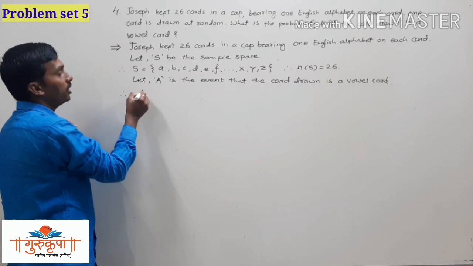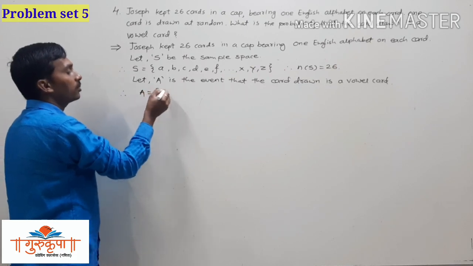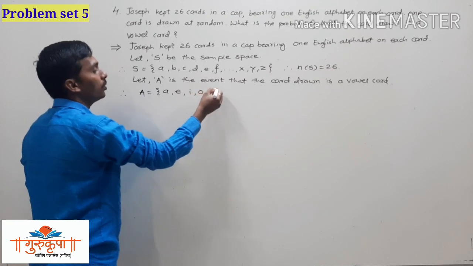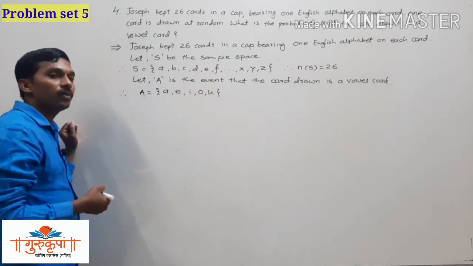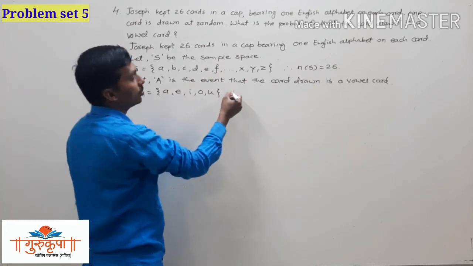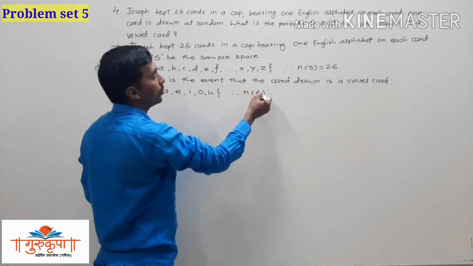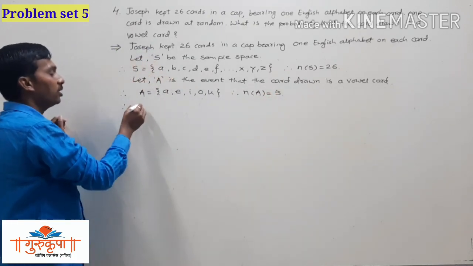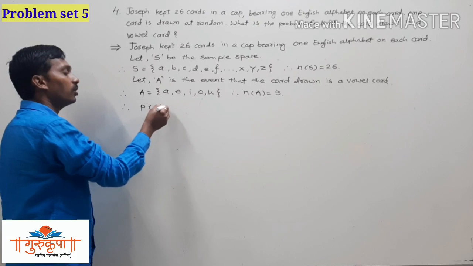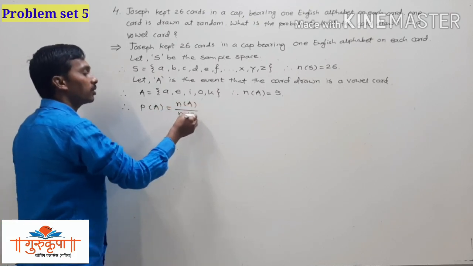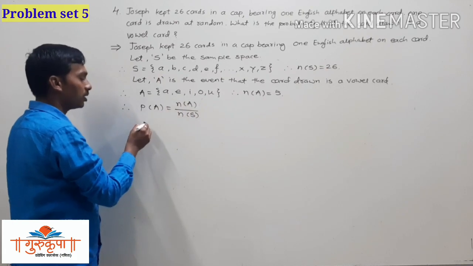So here we have A is equal to {A, E, I, O, U}. There are 5 vowels in the 26 alphabets. So we have number of A is equal to 5. And now we have to find the probability of the event A. So probability of A is equal to number of A upon number of S. Now put the values here.